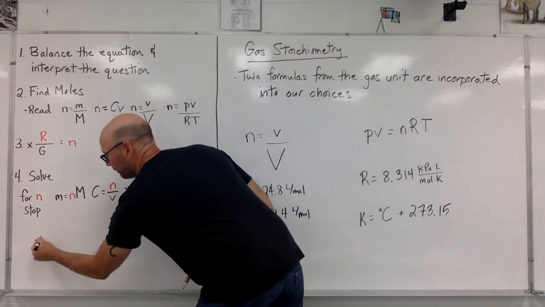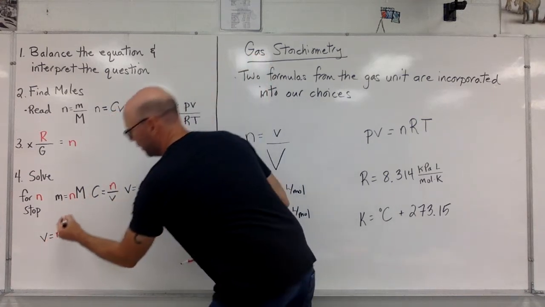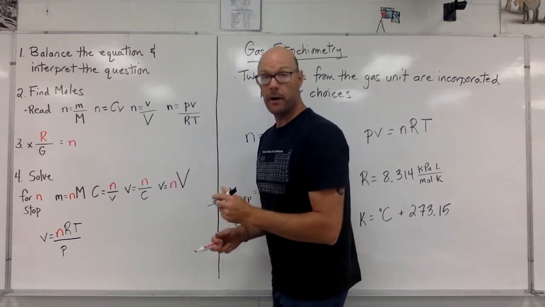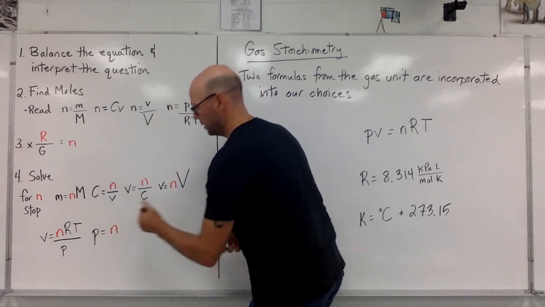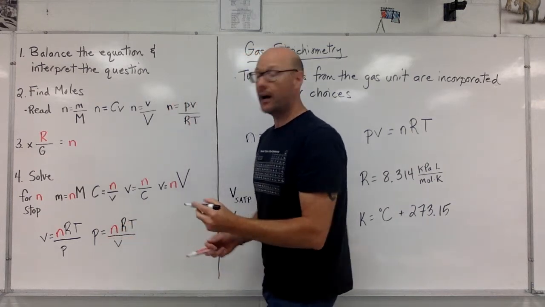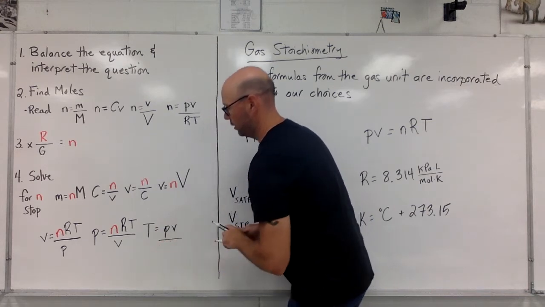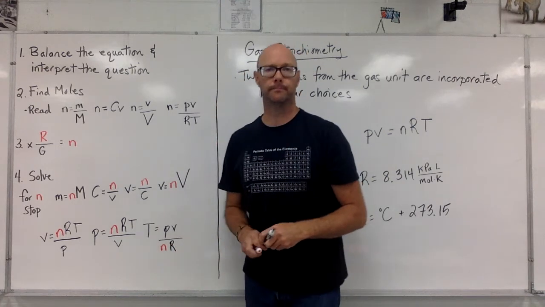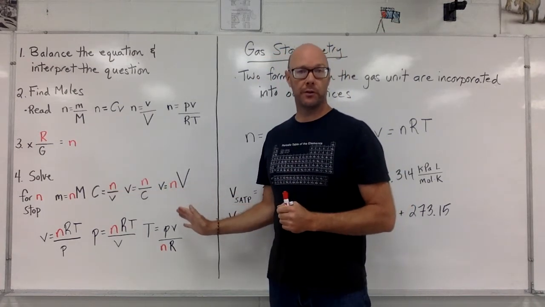We might be finding the volume, which is going to be our red n times RT over P. We might also be finding the pressure, which is our red n times RT over V. And finally, we might be solving for the temperature, which is PV over our red n times the ideal gas constant R. This really adds a whole bunch of new possibilities on our 4th step.